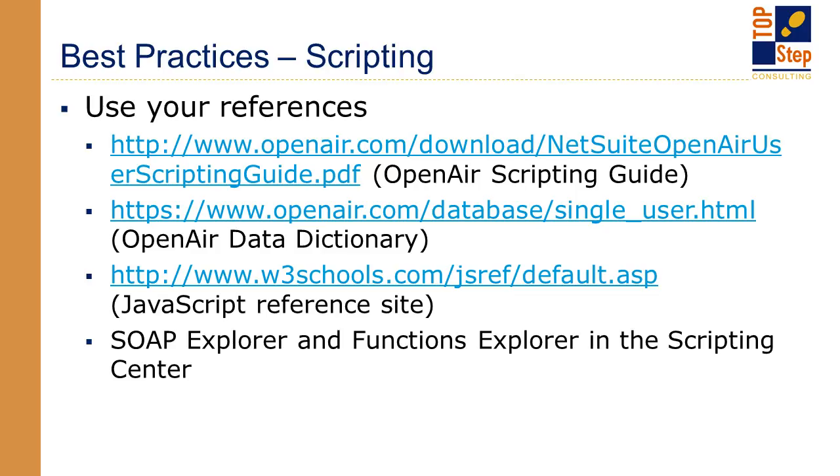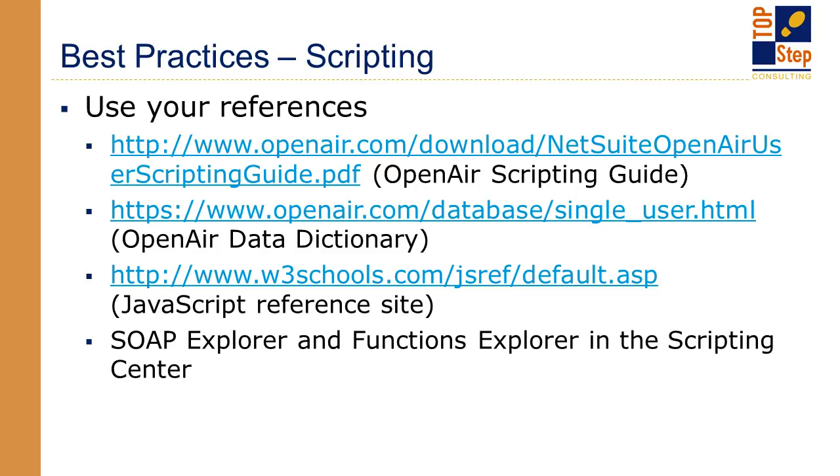When you're in the Scripting Center, if you click on that, it will get you a link to the Scripting Guide. And OpenAir has done, in my personal opinion, a really good job with that Scripting Guide. I've seen, I think, 1 typo in there, and everything else has been not only exact, but extraordinarily useful. So I keep that thing open all the time.